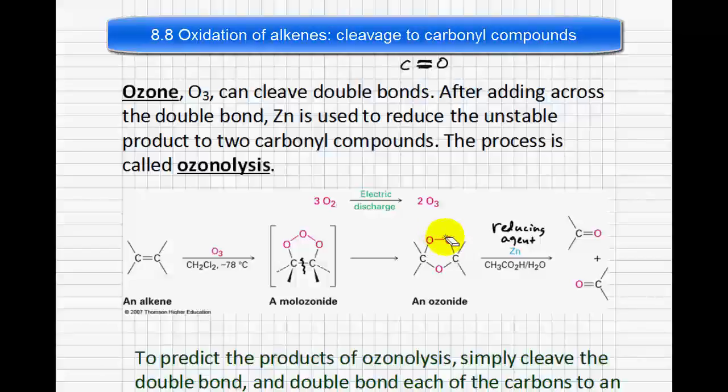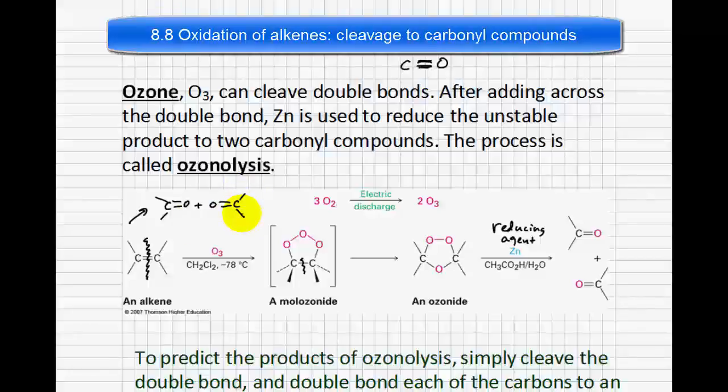I'm not so concerned that you know too much about these intermediates. What I am concerned with is that you know that ozonolysis occurs by taking an alkene and splitting it right down the middle and capping it off with CO double bonds, where there once was a single CC double bond.